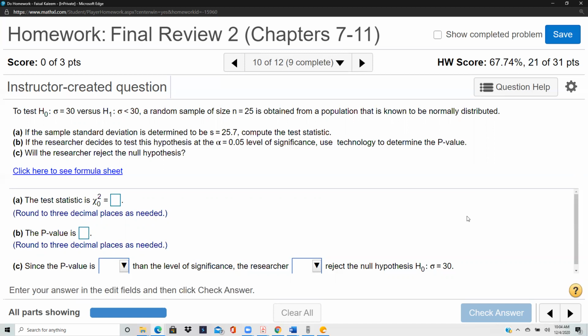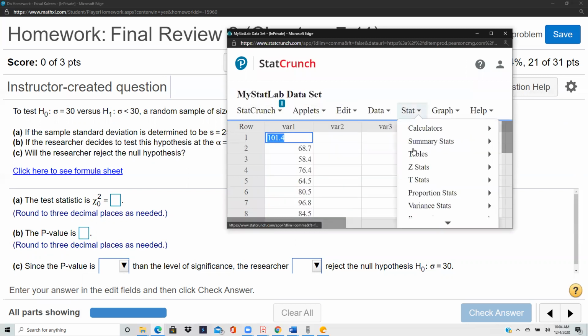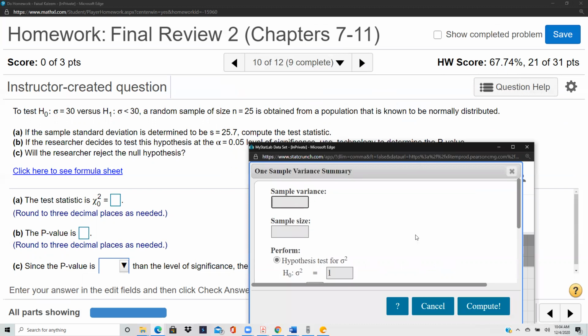So we would use variance stats, because of the standard deviation in the hypothesis test. Stats, variance, one sample summary. So what do I put for sample variance? 25.7.